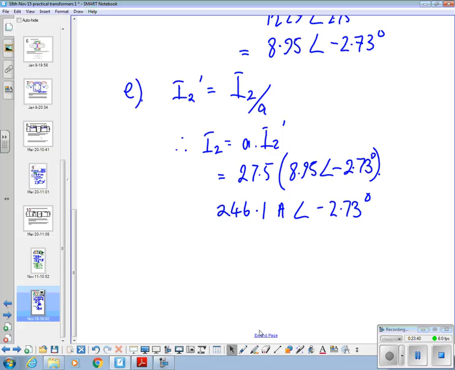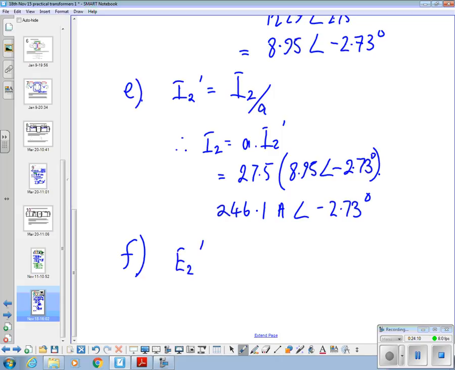What else do we need to find the apparent power S? Yeah, or E2 times the current.